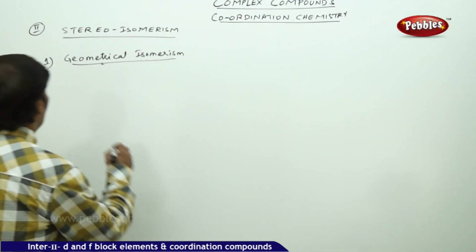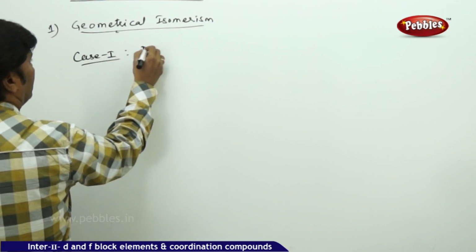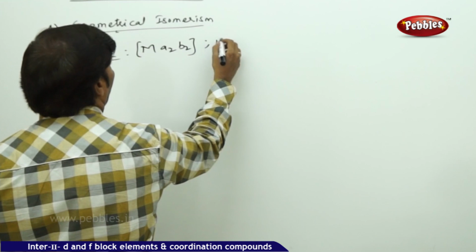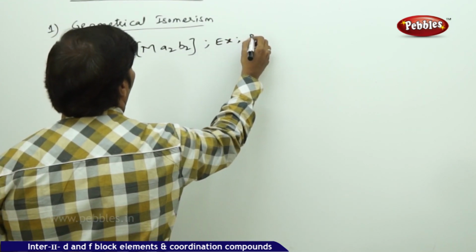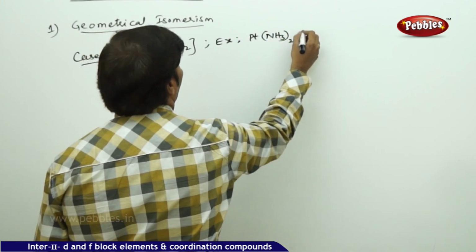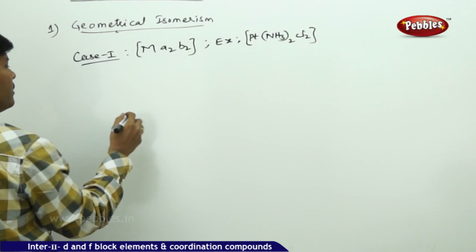So now let us go to the first case. If we take the Ma2B2 complex, for example platinum of NH3 taken twice and Cl2, this complex is in the form of square planar symmetry.